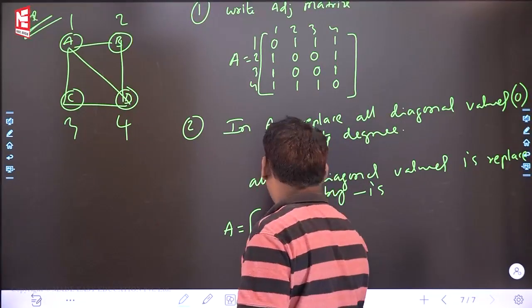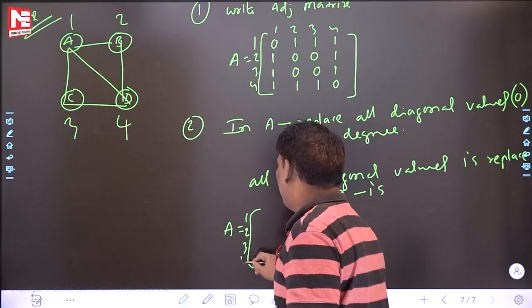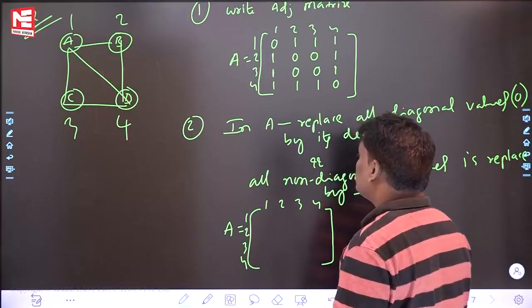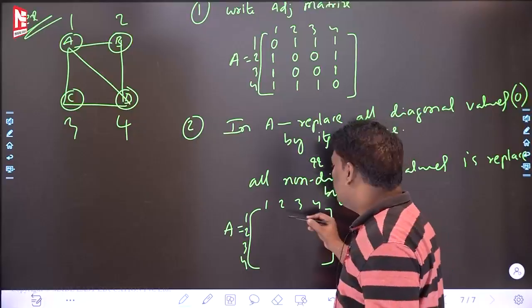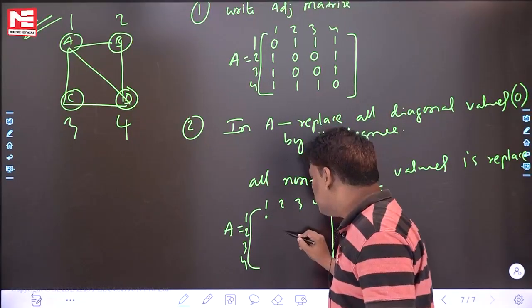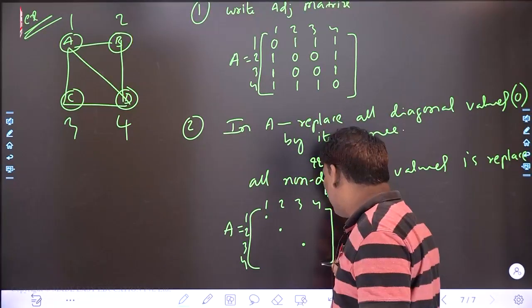In A, let me write the A first: 1, 2, 3, 4 and 1, 2, 3, 4. Replace all diagonal values, the zeros, by its degree. Diagonal value 1,1 means vertex 1, 2,2 means vertex 2, 3,3 means vertex 3, 4,4 means vertex 4.